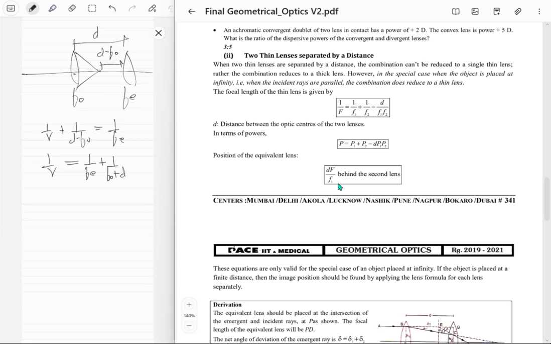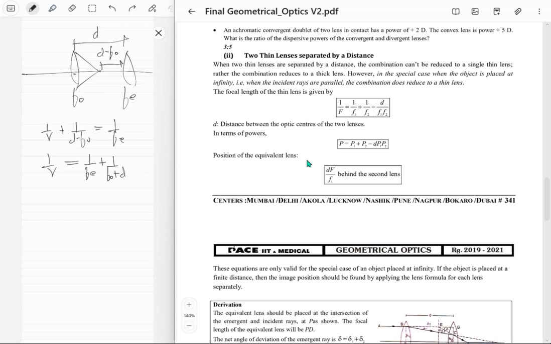It's not making any sense now. You have 1 upon f1 plus 1 upon f2 minus d upon f1 f2. Of course it changed, so that's why. It depends on where you actually place this thickness.